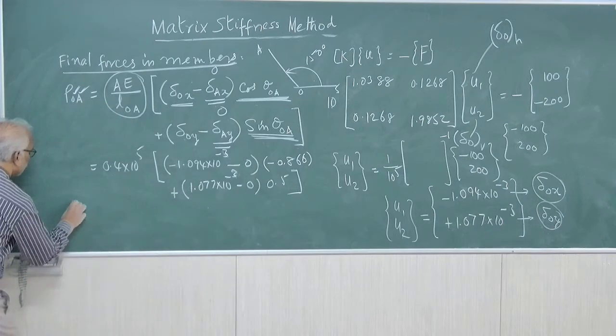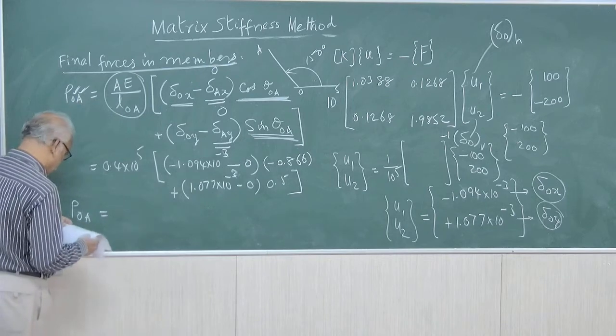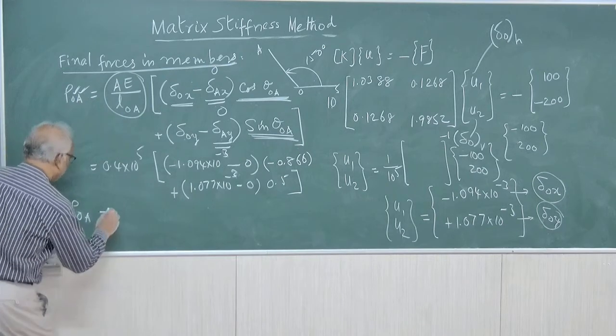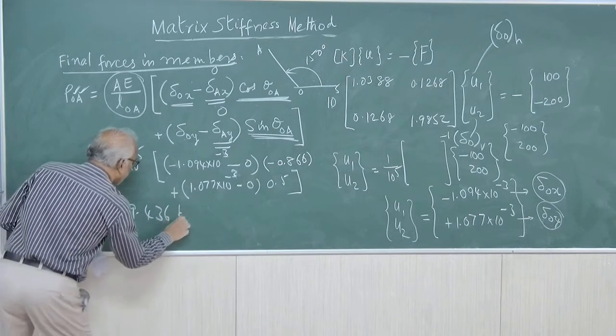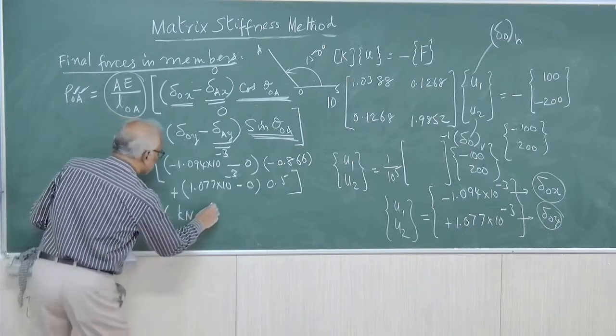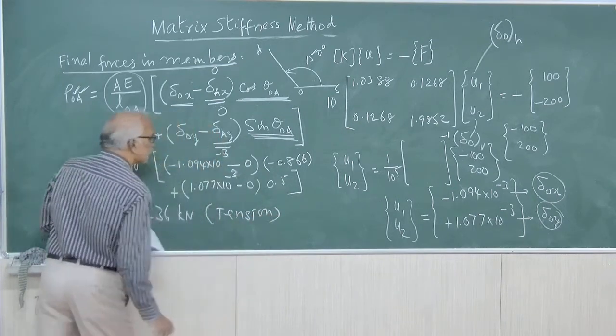On calculations, we find that POA equals 59.436 kilonewton. We get it with the plus sign, therefore this is tension. This is under tension.